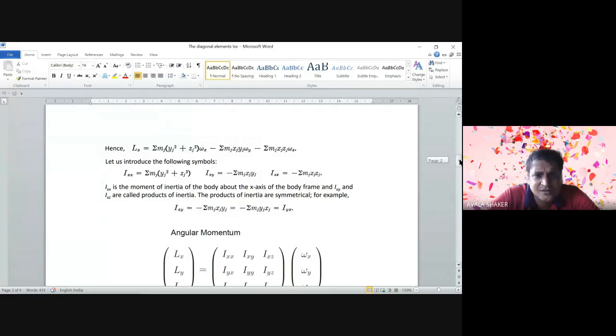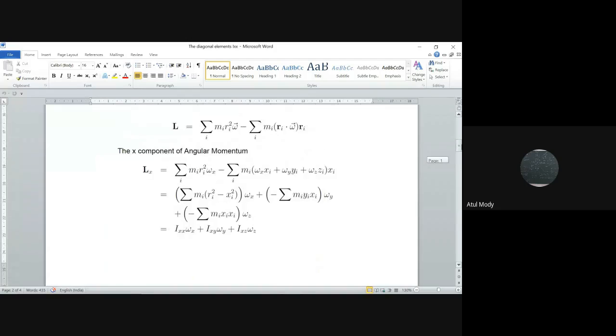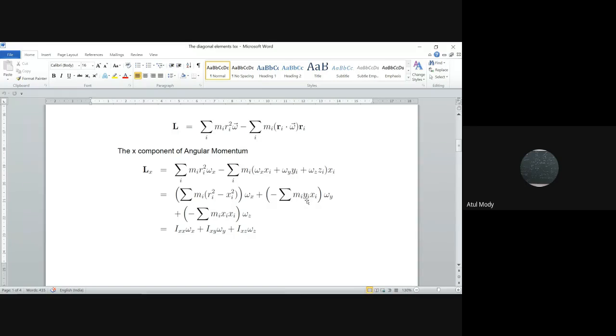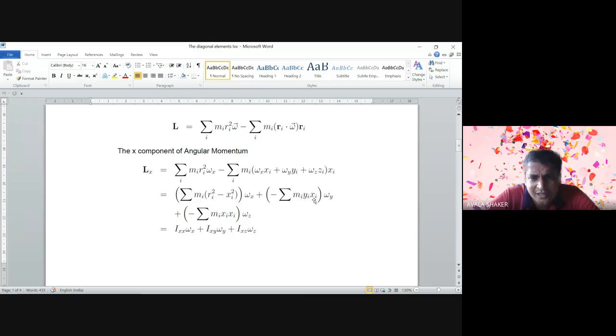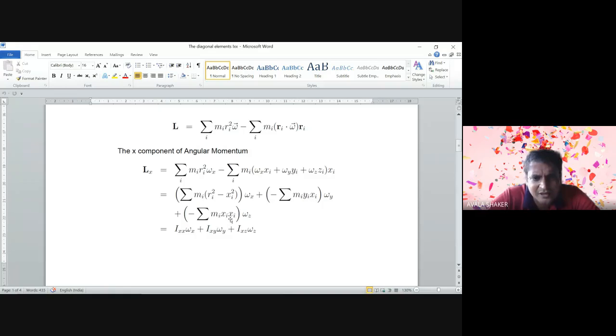Shekhar, on the previous page, the last term should have been z_i, sorry, this is x_i y_i. Sorry, this should be z_i. No, I think with omega y it should be y_i x_i. No, this is z_i. That's what I'm saying. So m_i x_i z_i.